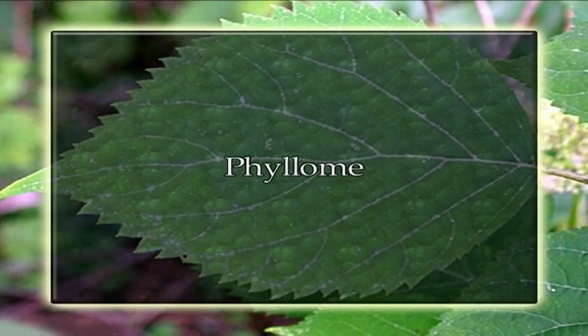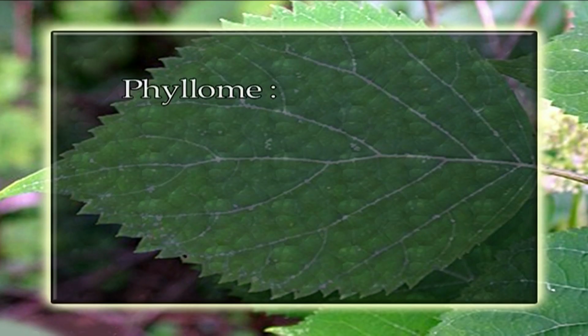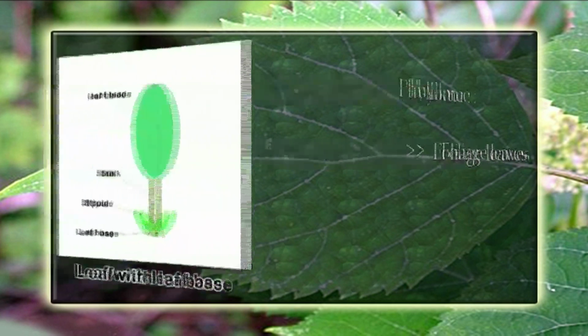Morphologically, the leaf is the most variable plant organ in the spermatophytes. The collective term for all the types of leaves appearing in the plant is the phyllome. Phyllomes have been classified into four types. Number one, foliage leaves or photosynthetic leaves.